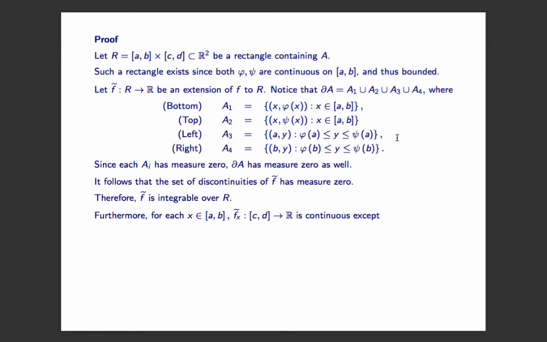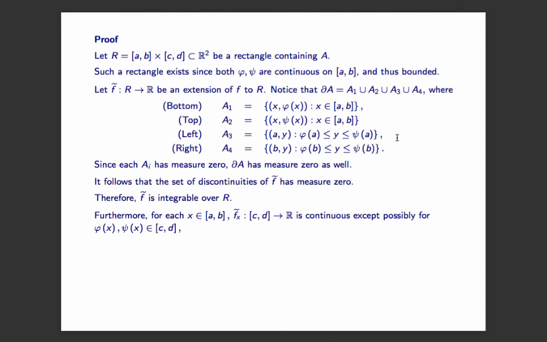Furthermore, for each x between a and b, f tilde sub x that maps c to d to R, in other words, if I were to fix x and let y vary vertically, that is my f tilde sub x of y. And it's continuous except for where it intersects phi and where it intersects psi.